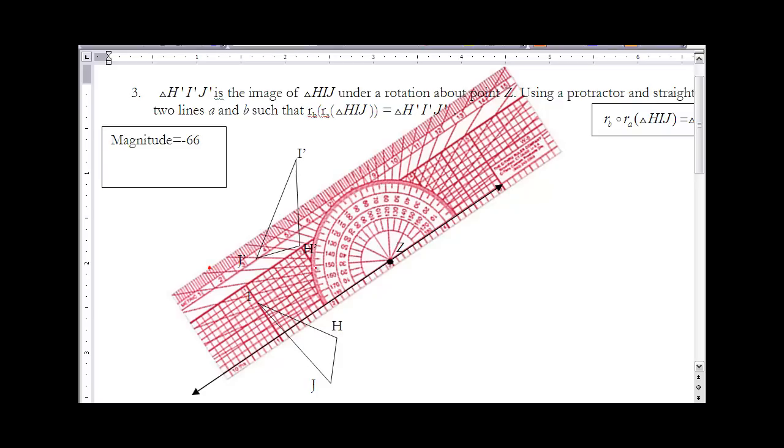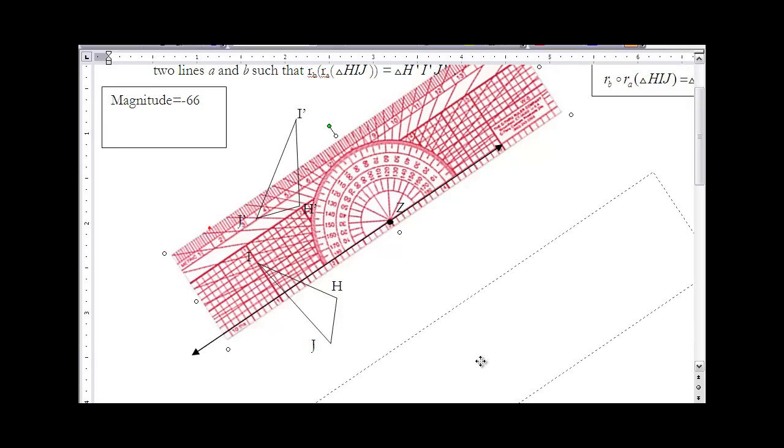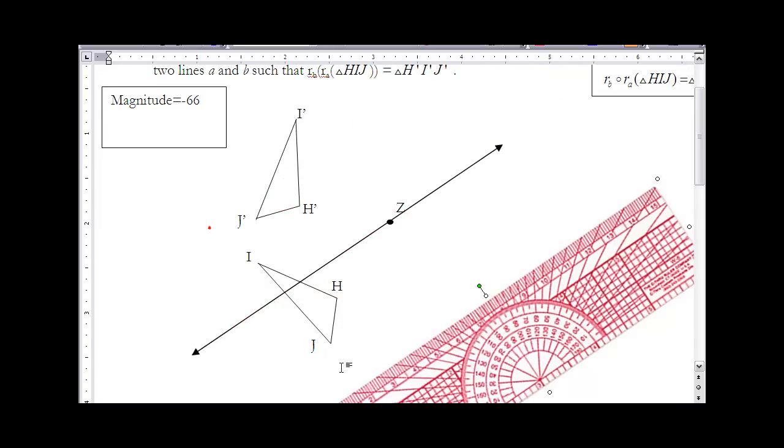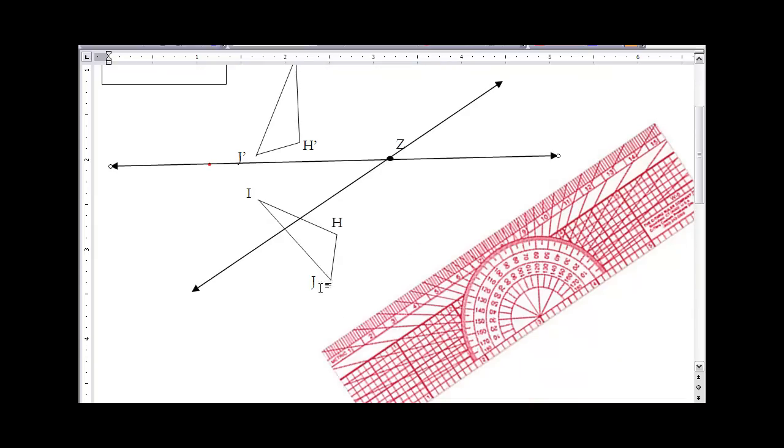Then we can take our ruler away and connect those points to form that line. So I'm going to draw a line that goes through this point and through Z. And we have our two lines, this being line A and this being line B, where this angle right here is 33 degrees.